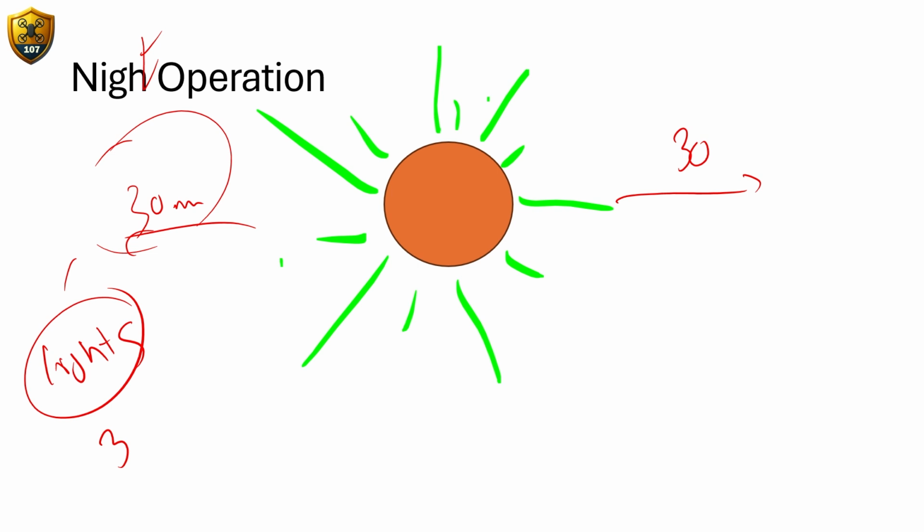And also they have to blink or flash on and off at a consistent rate that can be identified from 3 miles, right? So you have the ability to fly 30 minutes before the sunrise or 30 minutes after the sunset if you have these anti-collision lights.